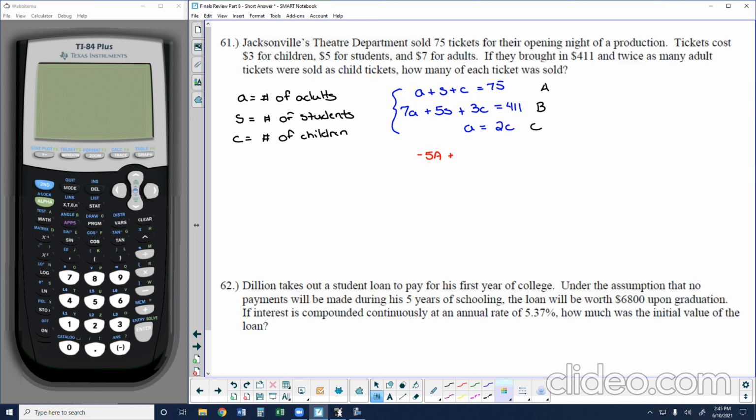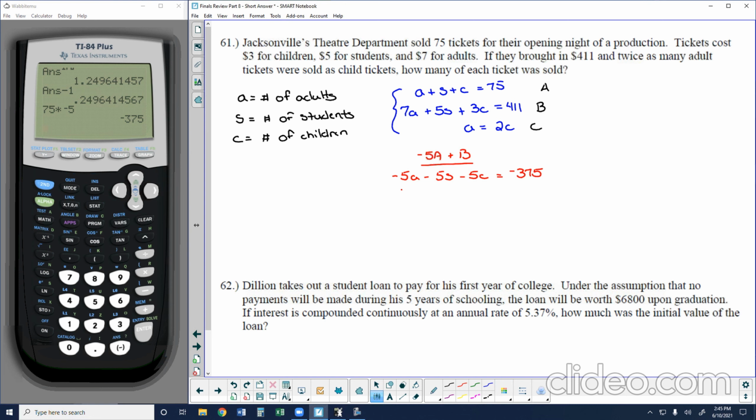So -5A, and I'm going to add that to B. So this would be -5A minus 5S minus 5C. And then we can also do 75 times -5, which is -375.